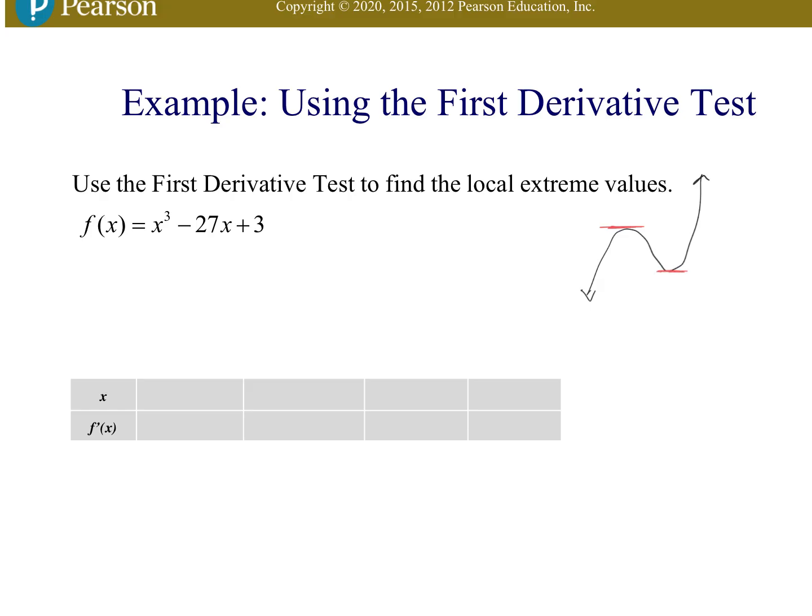But I don't have access to a graph. So I'm going to use calculus to help me. I'm going to find the derivative. The derivative will be 3x squared minus 27. And I'm going to set that derivative equal to 0 because I want to know when it's going to be horizontal.